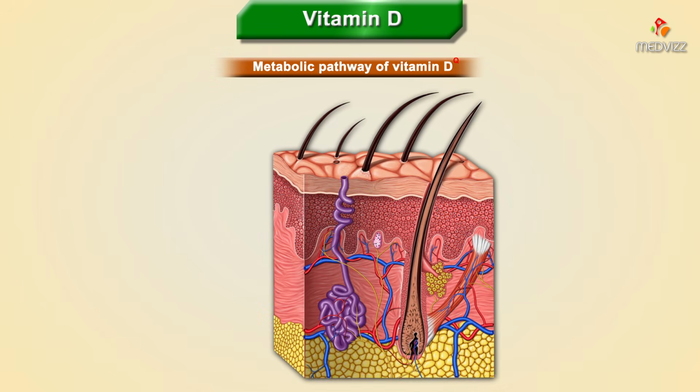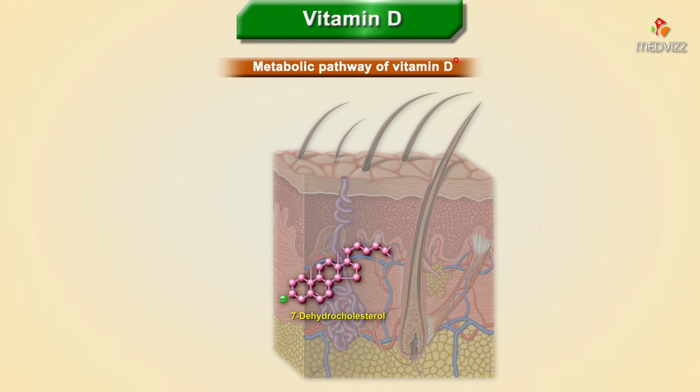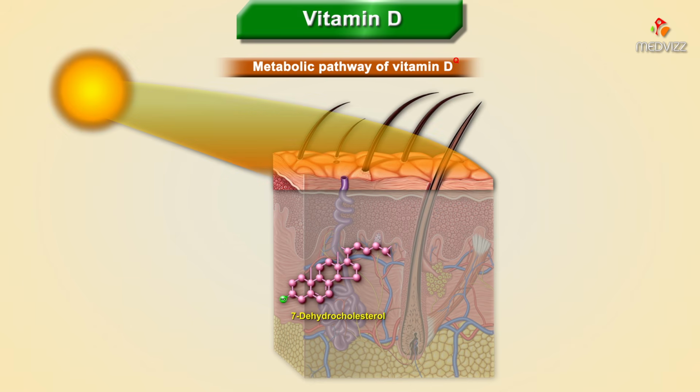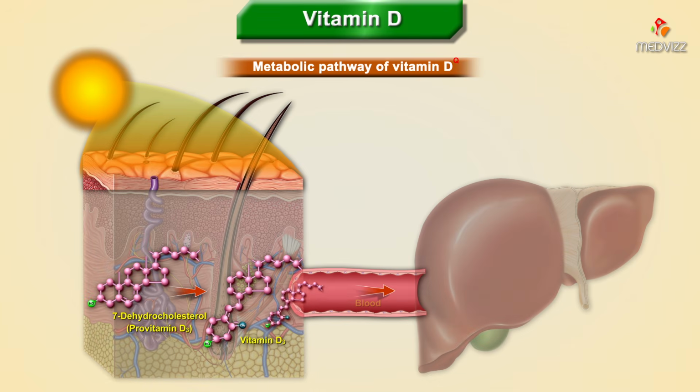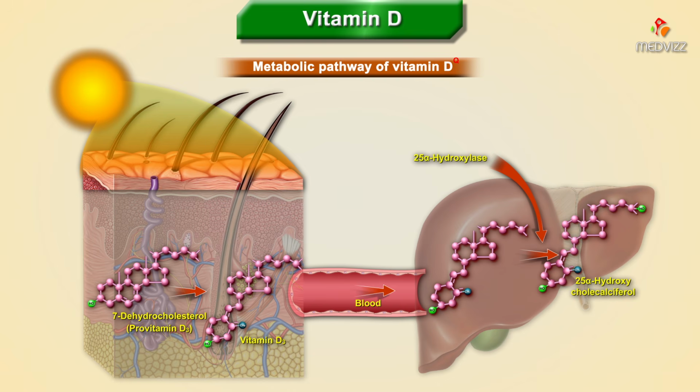Here you can see the metabolic pathway of vitamin D synthesis. Vitamin D is synthesized in the skin from provitamin D3, that is 7-dehydrocholesterol, in the presence of ultraviolet light, and it is then hydroxylated to 25-hydroxycholecalciferol, also called calcidiol, in the liver by the 25-alpha hydroxylase enzyme.